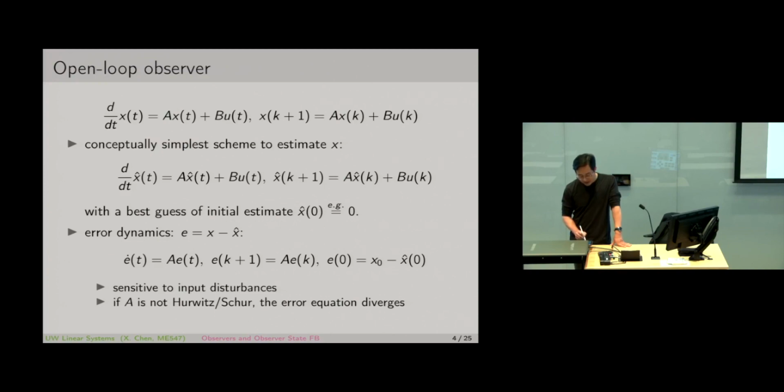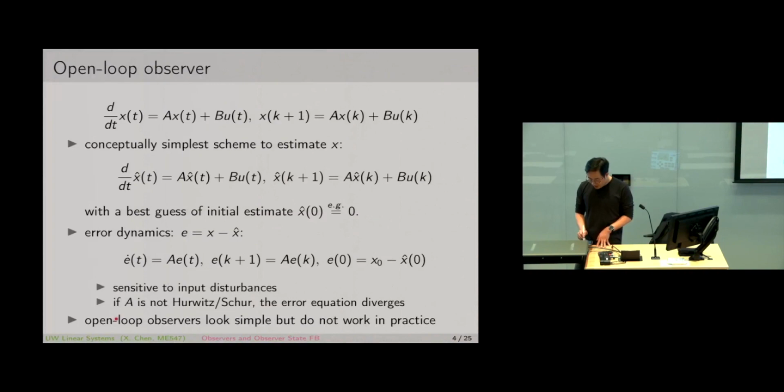Then the error dynamics is going to be quite sensitive to these errors. So, in summary, this is an open loop observer, right? There's no feedback. Open loop observers look simple, but they cannot work in practice and can actually be very dangerous to implement in practice.